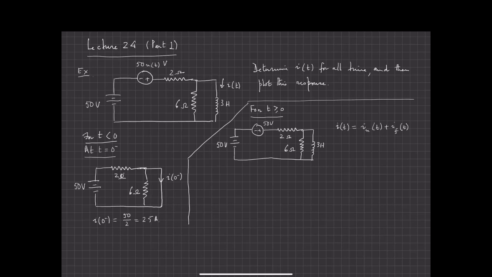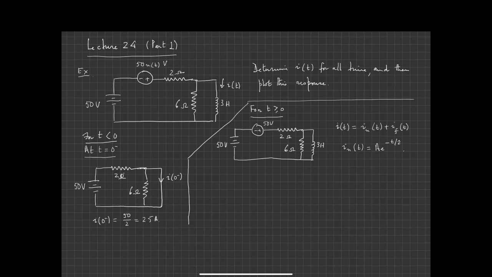And I also know that I natural of t is of the form A e to the power of minus t over tau, right?